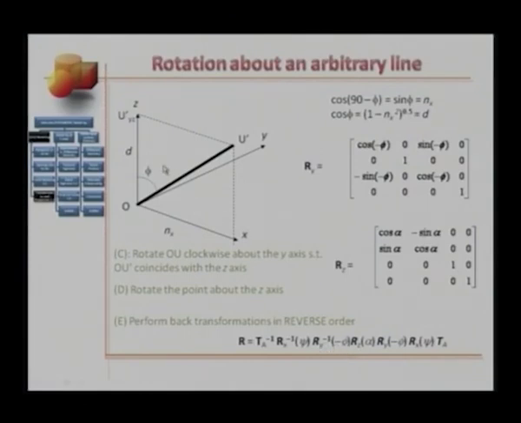That will bring the line from the z-axis back to OU prime, and then inverse transformation or rotation about the x-axis that would orient the line in its previous orientation, and then translating one of the points on the line back to its original position, right to left. A little bit of practice and this will be clear to you.